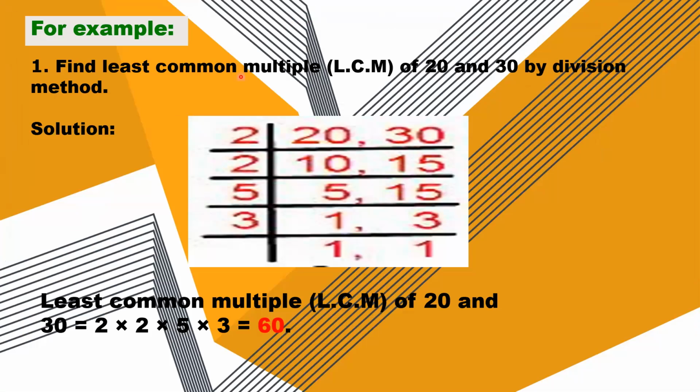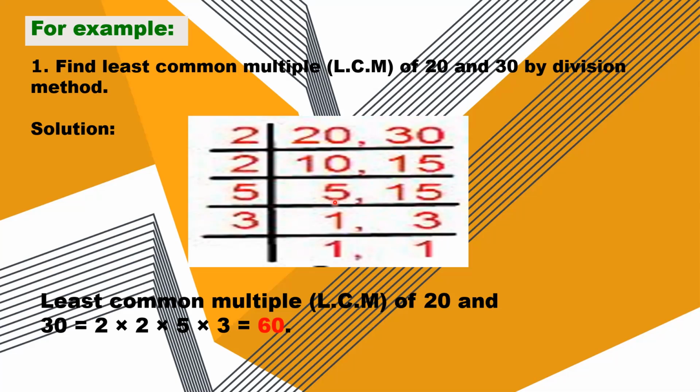Example: find the least common multiple, or LCM, of 20 and 30 by the division method. This is the solution. You write the numbers horizontally. 20 divided by 2 is 10. 30 divided by 2 is 15. 10 divided by 2 is 5. And 15 divided by 2: it's not a factor of 15, so it stays 15. So 5, 15. 15 divided by 5 is 3.